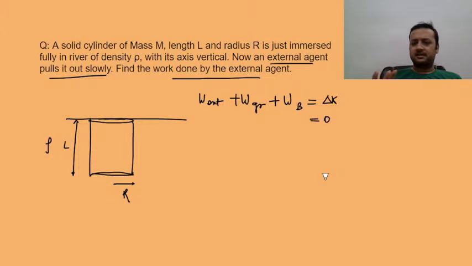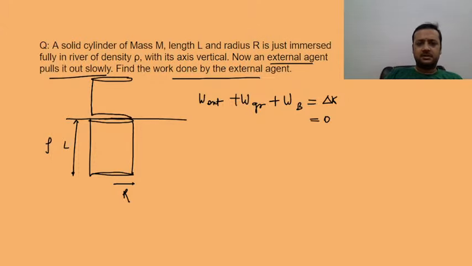Now, the work done by gravity is mg into the height risen by the center of mass. The work done by gravity is negative because gravity acts downwards and the body moves upwards. If you draw the final situation, after coming out the cylinder will look like this.